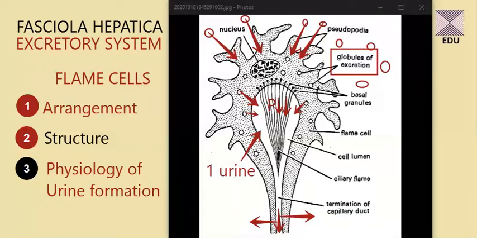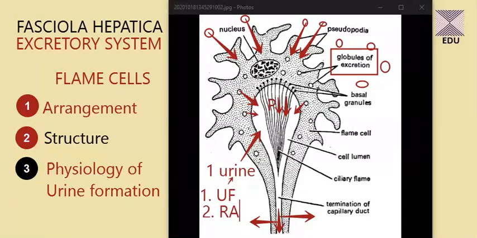The first process is ultrafiltration, and this ultrafiltration goes on in the flame cell or the lumen. This ultrafiltration will make the primary urine, and the second part in the physiology is the reabsorption.